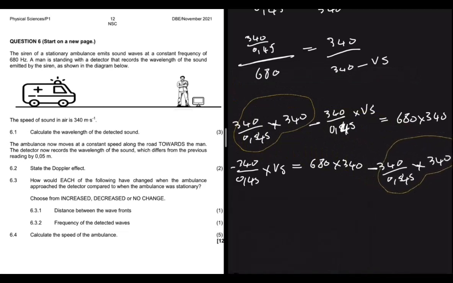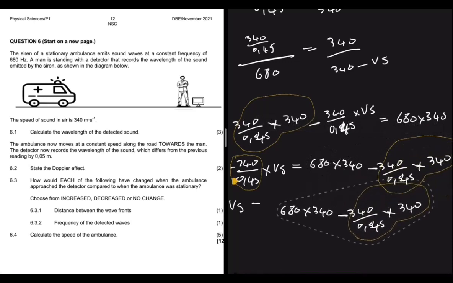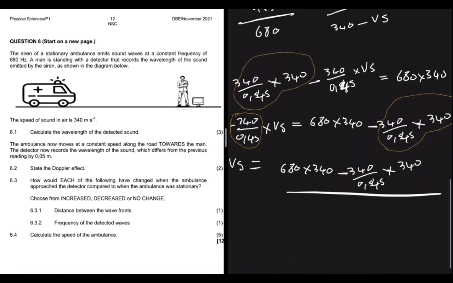After that, I'm going to divide both sides by minus 340 divided by 0.45, so that I can isolate Vs. So I'm going to get Vs equals, let me copy this expression here. I'm going to copy that expression and then duplicate it. So now I have Vs equals this expression divided by minus 340 divided by 0.45.